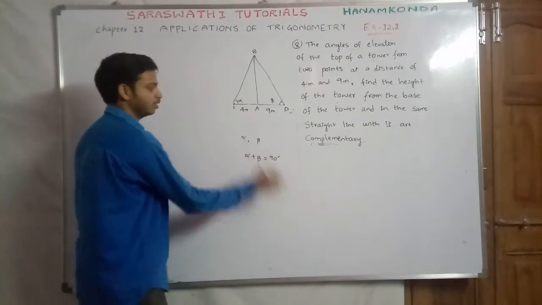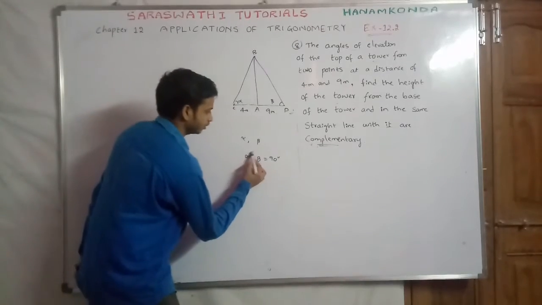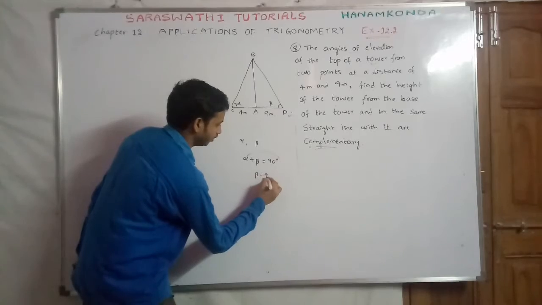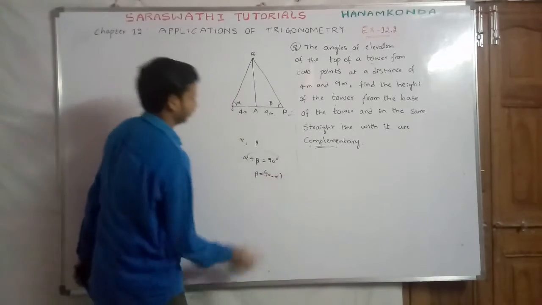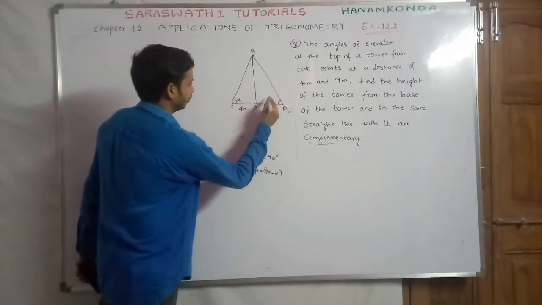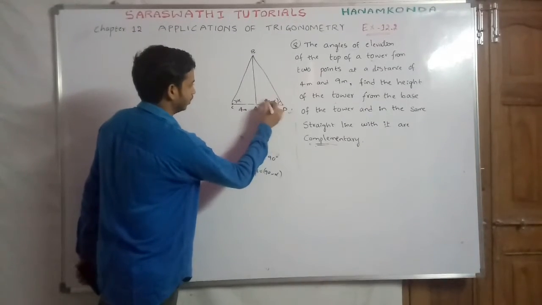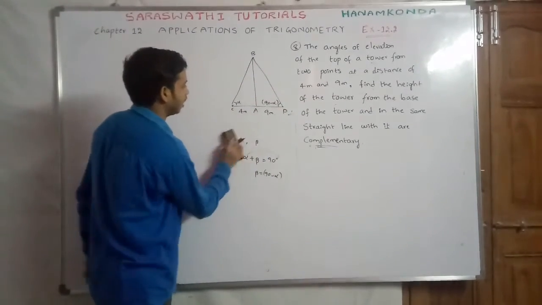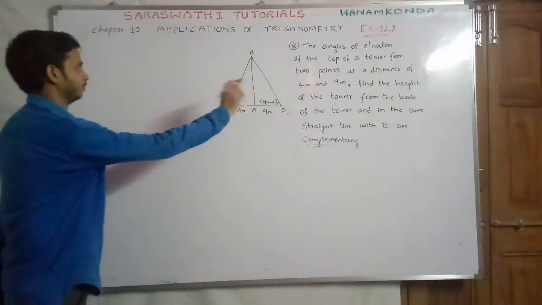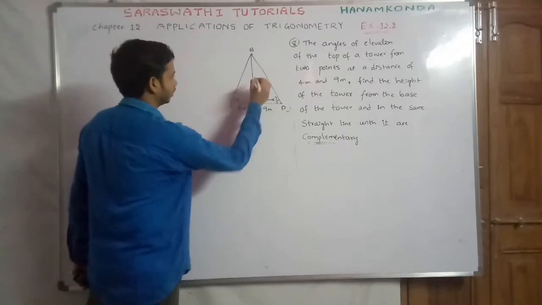So beta equals 90 minus alpha. Let the two angles be alpha and 90 minus alpha, since they are complementary, and the height of the tower be h.